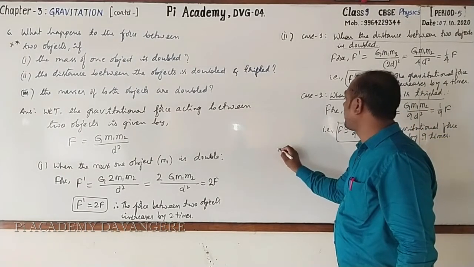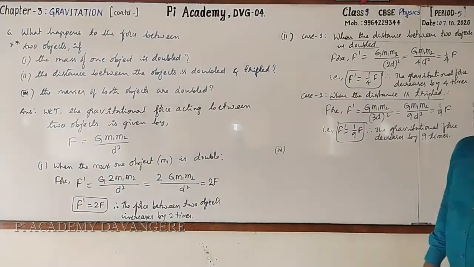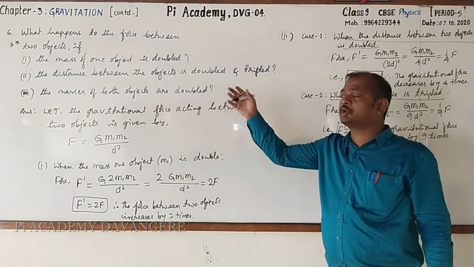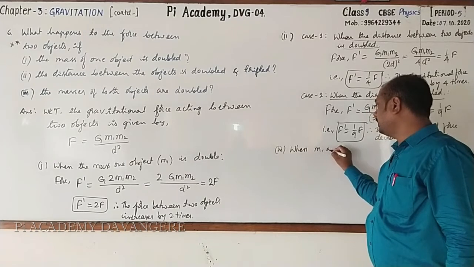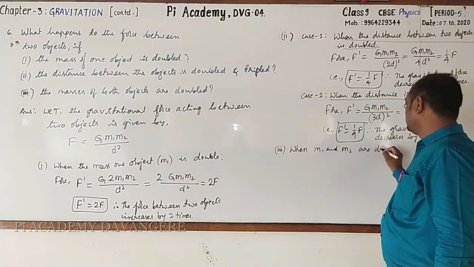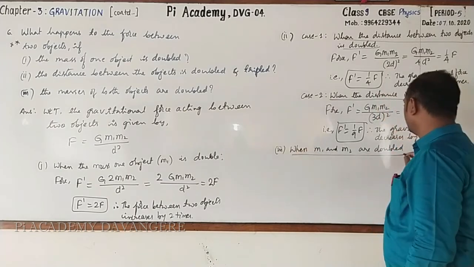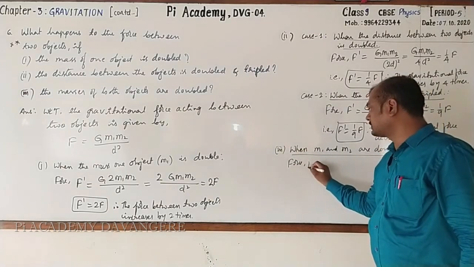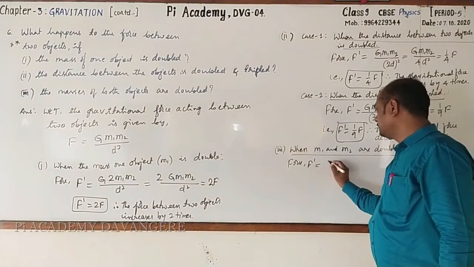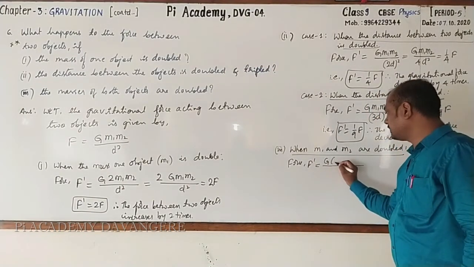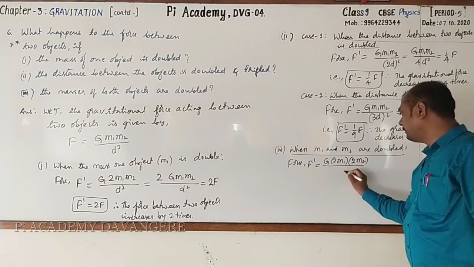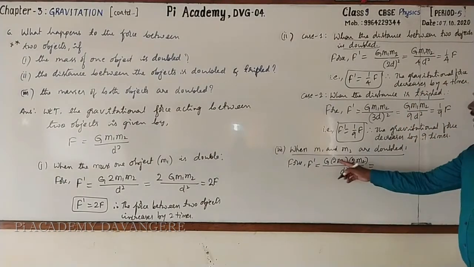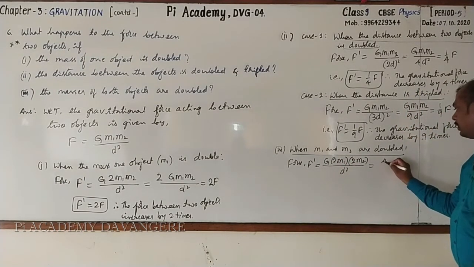Next, third. What is the third one? The masses of both objects are doubled. When M1 and M2 are both doubled, let us see the new force. Force, that is F dash, is equal to G into M1. M1 is doubled, so we can write 2M1. M2 is also doubled, so 2M2 by D square, which is equal to 4 into G M1 M2 by D square.